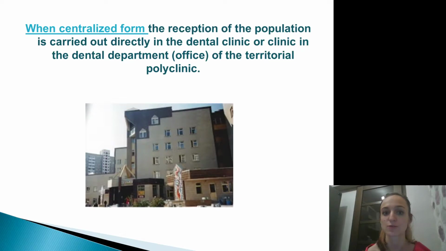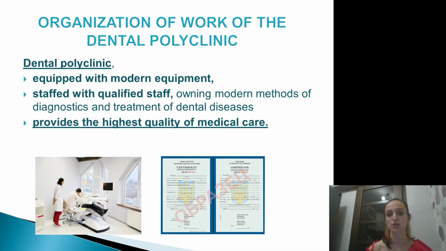With the centralized form, the reception of the population is carried out directly in the dental clinic or in the dental department or dental office of the territorial polyclinic. The dental polyclinic is equipped with modern, very good equipment, qualified staff, and provides the highest quality of medical care.